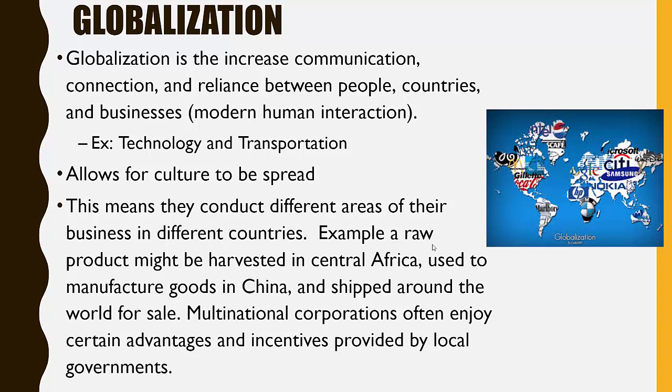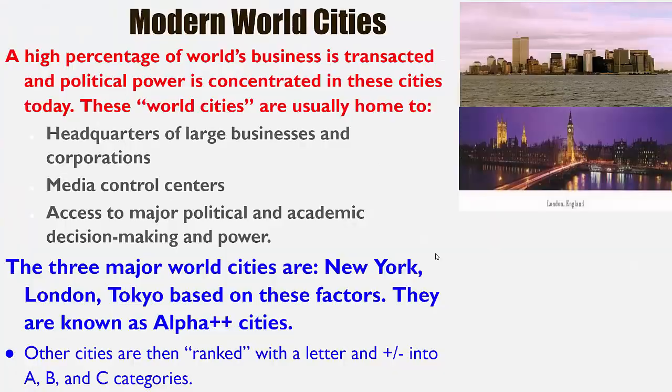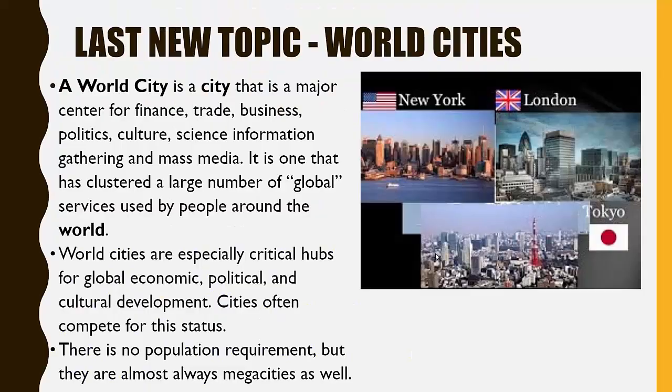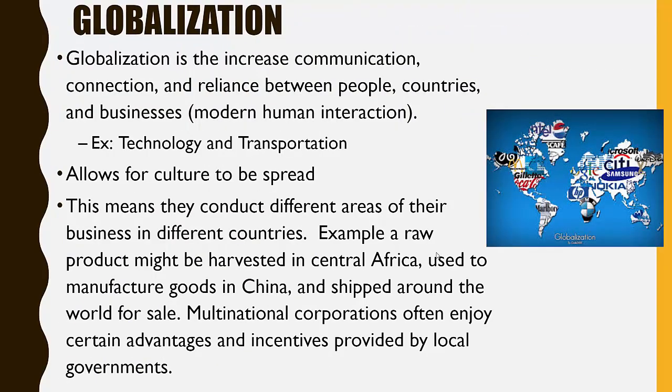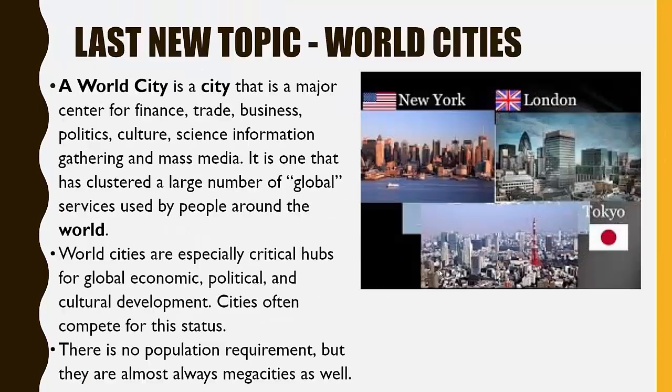And they have advantages and incentives provided to them by local governments, oftentimes, to locate in new places. So remember when we're talking about cities forming and the spread of urban ideas, oftentimes businesses and corporations locate in a new area, and that sparks growth in that city.